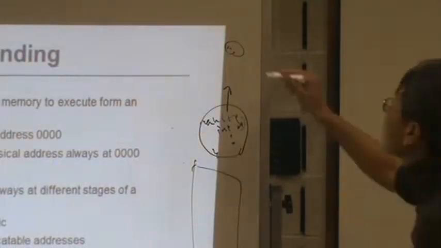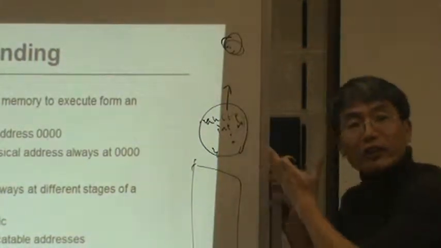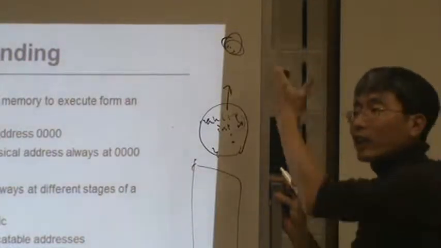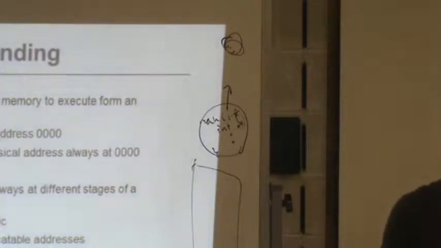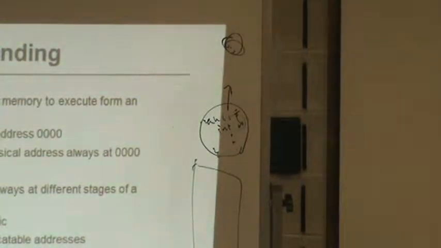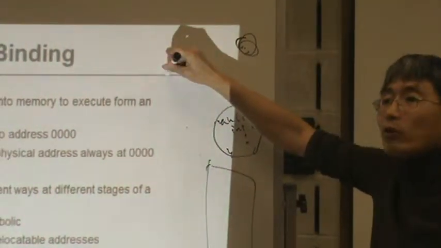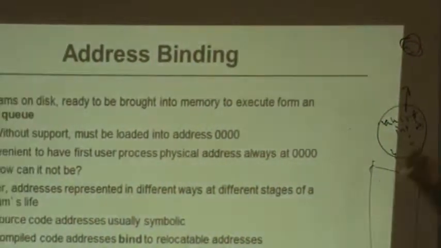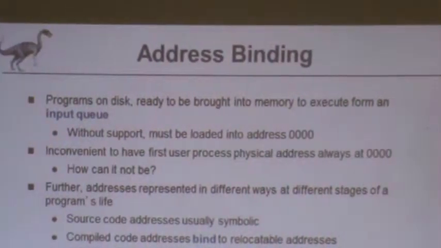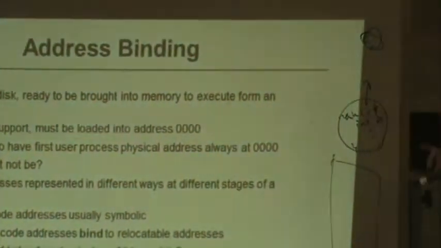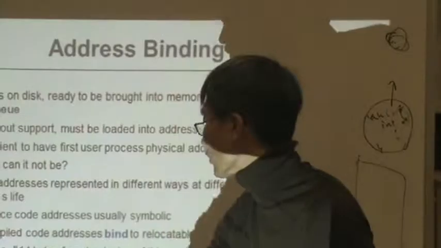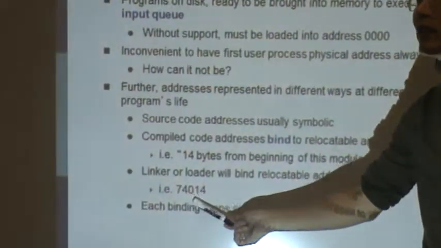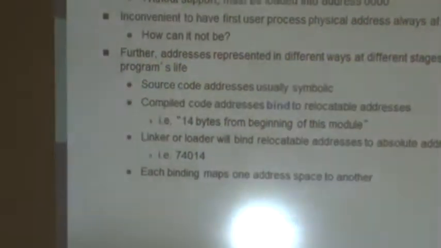No, they have different data types and data structures. So this should be changed. That is called address binding. You need to convert, map, such a high level symbolic address into the real address, the address of the memory.